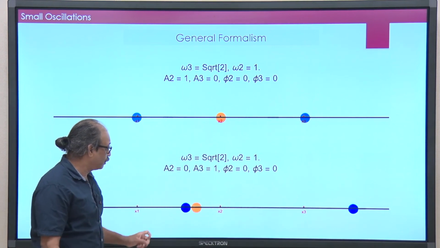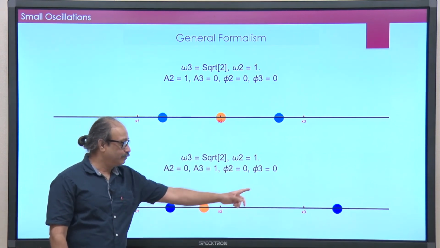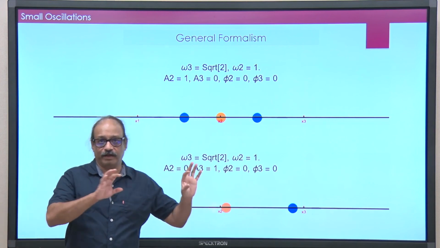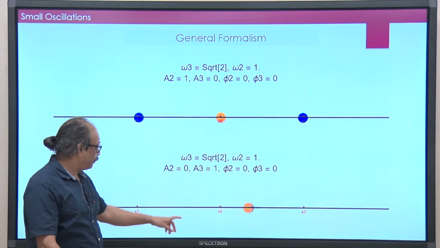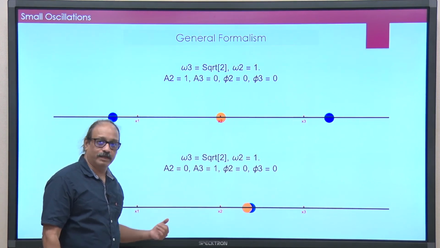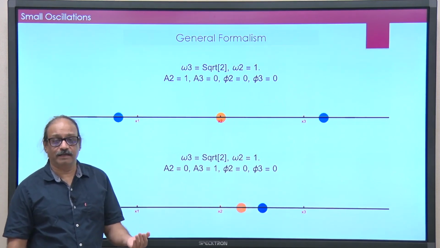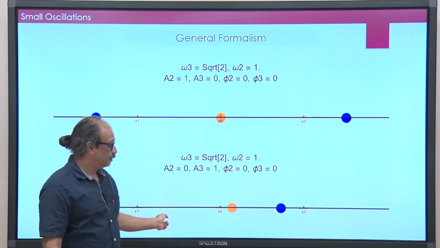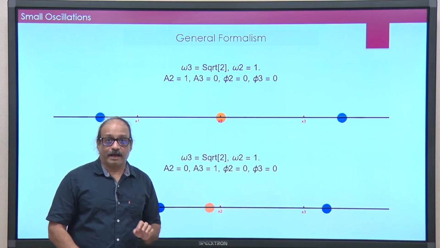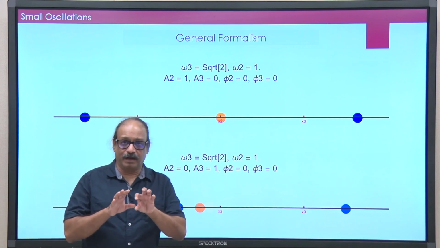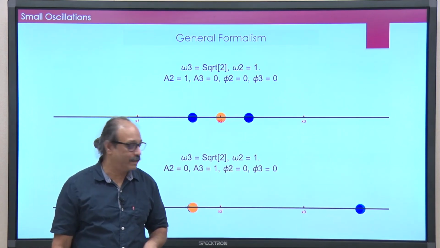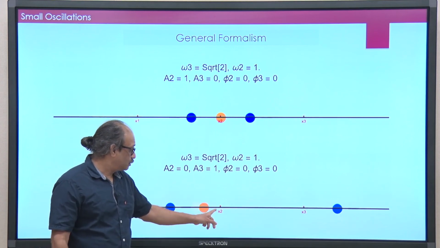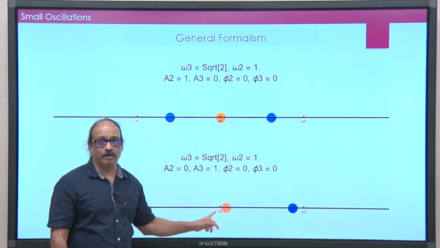And in the other mode, the side 2 blue balls, they are moving in sync, in phase with the same frequency, but the middle one is actually going opposite. So, it is 180 degree out of sync with the blue balls. And what happens in that case? Remember, the middle one has a different mass. So, the net center of mass in this motion also will remain at x 2 all the time.